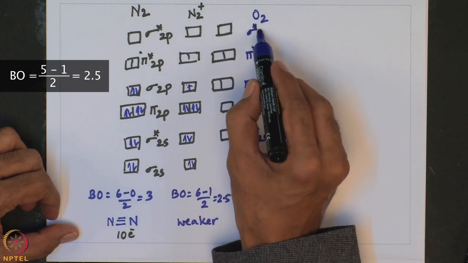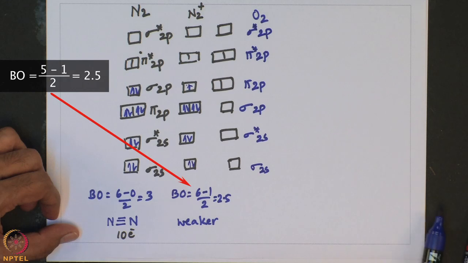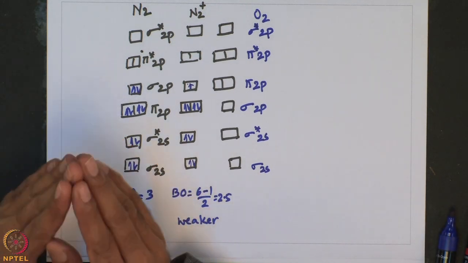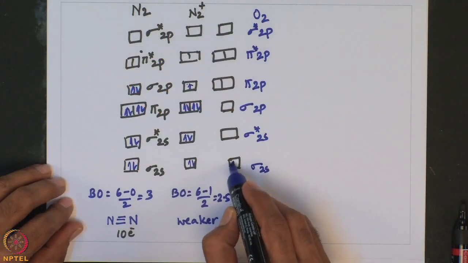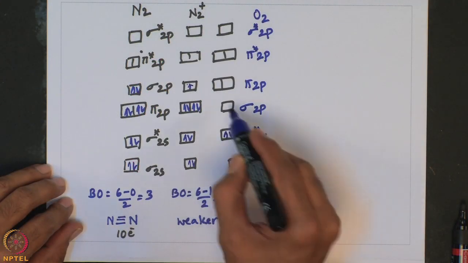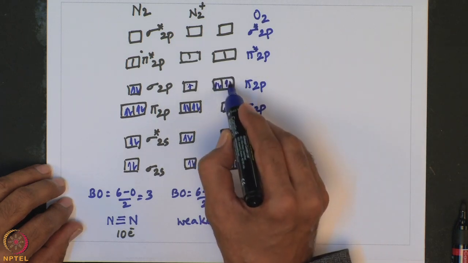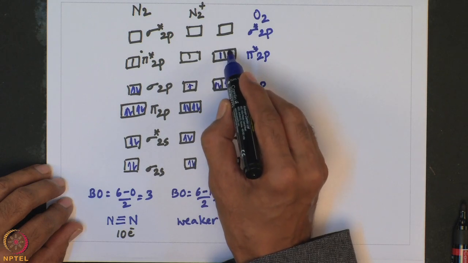sigma star 2p. So, now in case of oxygen, we have 1s2, 2s2, 2p4. So total we have 12 electrons. These 12 electrons I will start placing here: 2 here, 2 here, 2 here, 6, 8, 10 and 1 electron here.